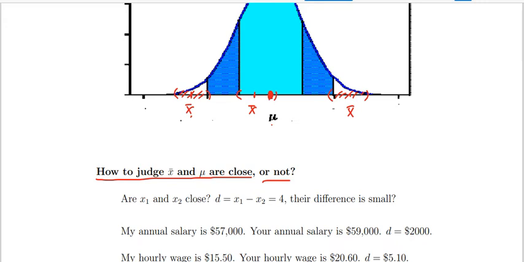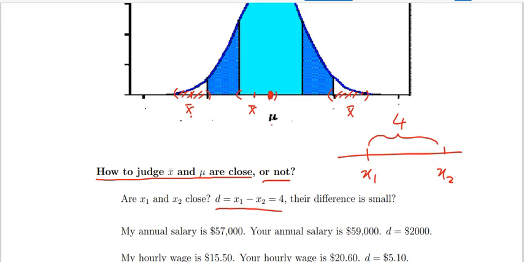Now, for example, we have these numbers x1, x2, and their distance is 4. Can we say these two numbers are close or not so close?